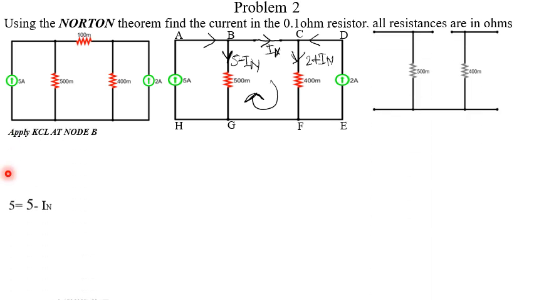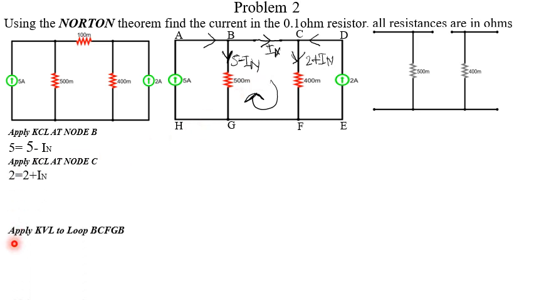I even wrote it here, applying KCL at node B. At node B, you realize that the 5 is equal to 5 minus IN. Applying KCL at node B, just as I explained, we realize that that is what we get.